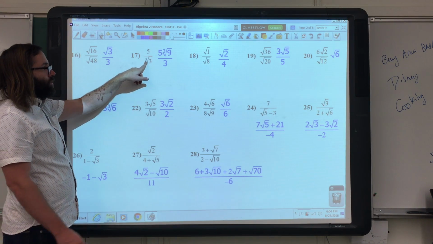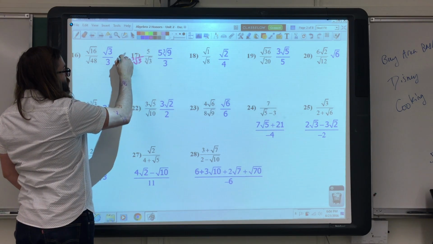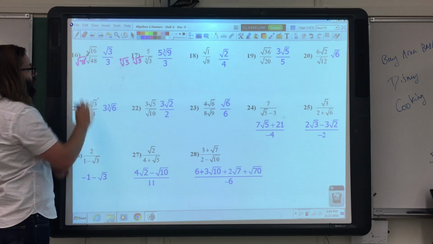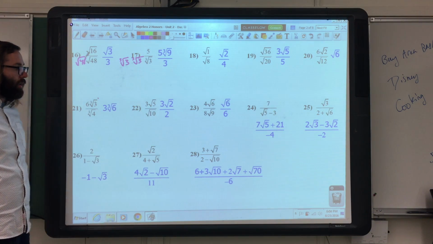If this is a cube root, you're going to multiply 3 times. If it's a square root, you only do it twice. Okay, so we'll go through all that.